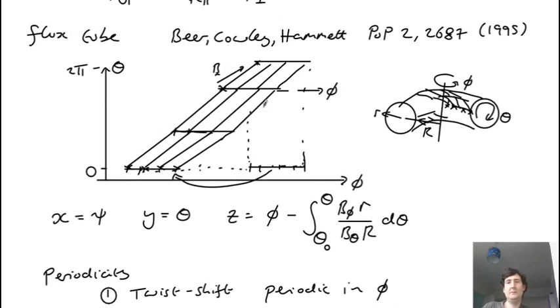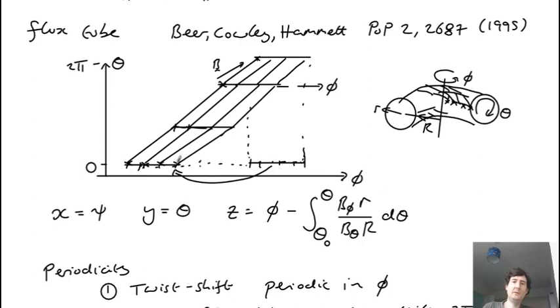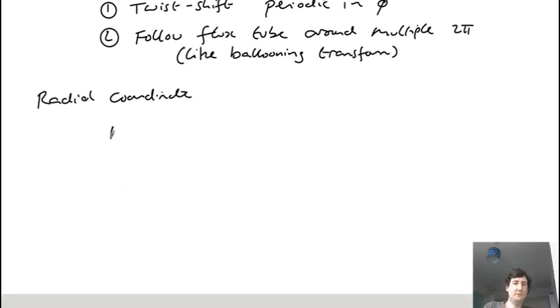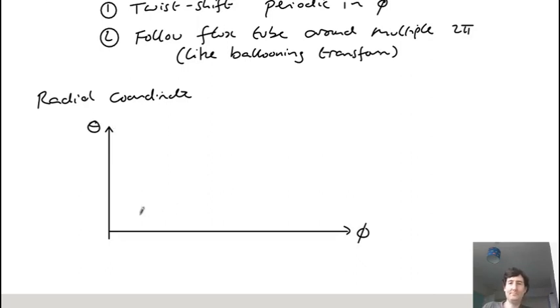So if we have two different flux tubes, for example, which are close to each other, they will each follow a path like this, but they'll have slightly different pitch. And so if we try and draw this, I'll draw this differently. If we draw the same graph, we have toroidal angle and poloidal angle.